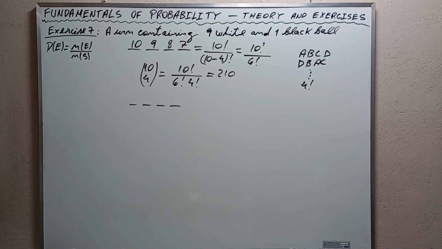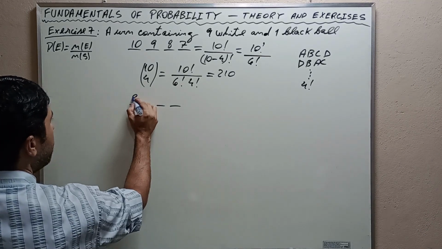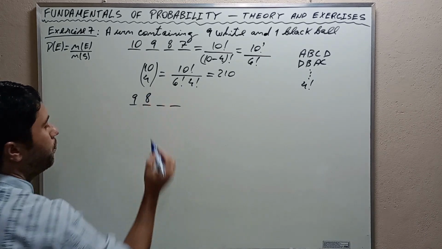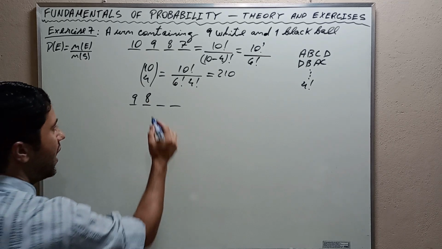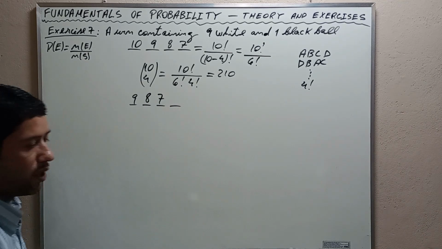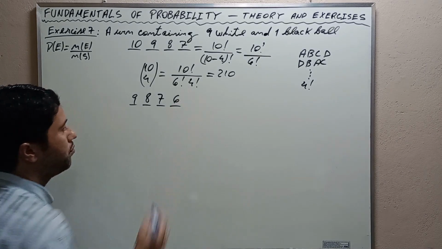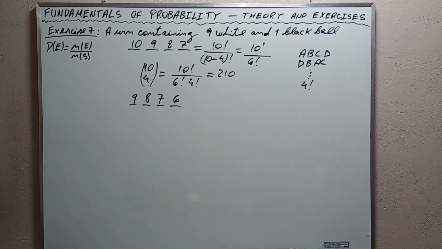What is the number of ways that only white balls are selected? We have 9 possibilities for the first selection, 8 possibilities for the second selection, 7 possibilities for the third selection, and 6 possibilities for the fourth selection.